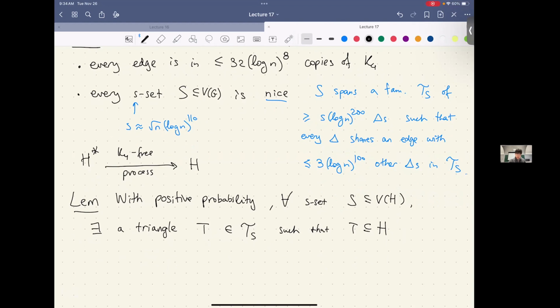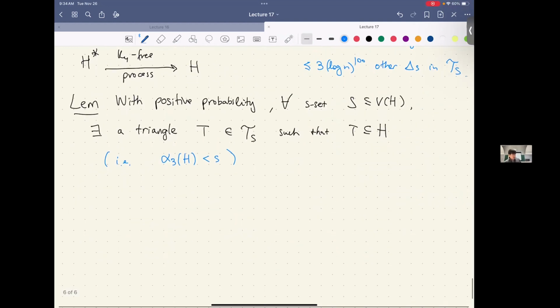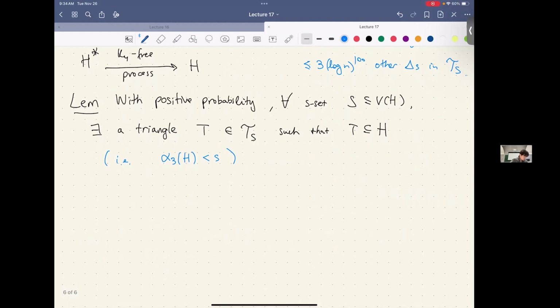This will imply that with positive probability, this random subgraph satisfies alpha 3 of G is less than S. Equivalently, alpha 3 of H is less than S, and H is K4-free. Then we are done. We're going to use a union bound to prove that with positive probability this holds for every S set.